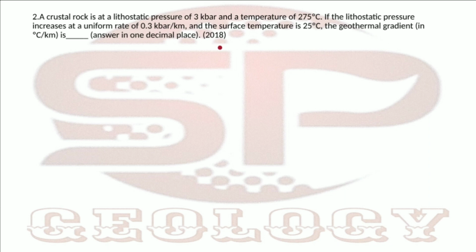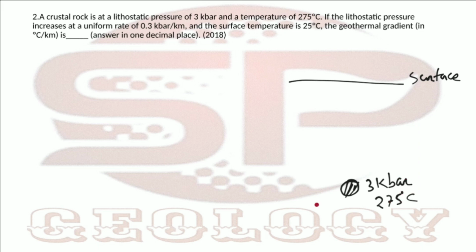Next question is from 2018. The crustal rock is at lithostatic pressure of 3 kilobar at a temperature of 275 degrees centigrade. So this is the surface. A crustal rock at some depth, suppose this is the rock, is at 3 kilobar pressure and at a temperature of 275 degrees centigrade.